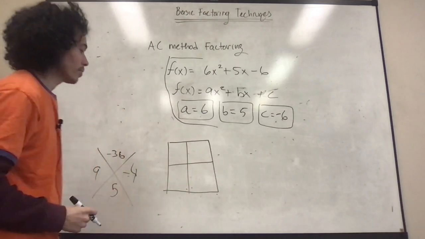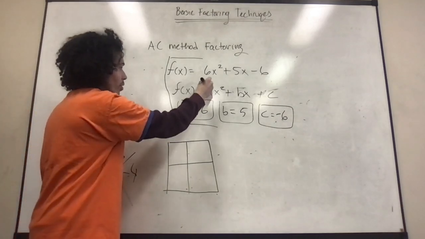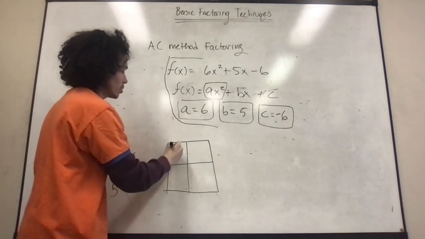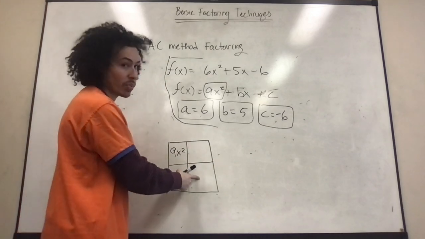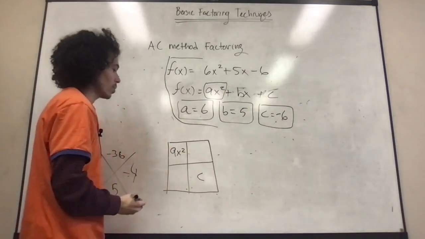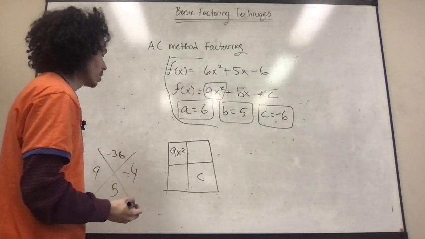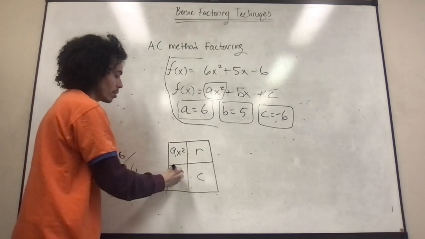On this side of the box, we put our entire ax squared term, and then on this bottom part of the box, we put our entire c term. Then on these corner boxes, you can either put r here or z here.